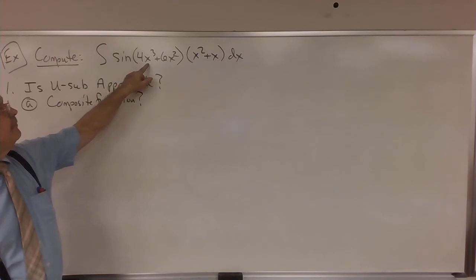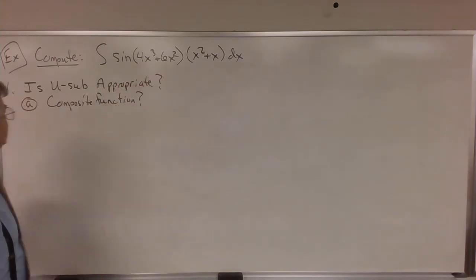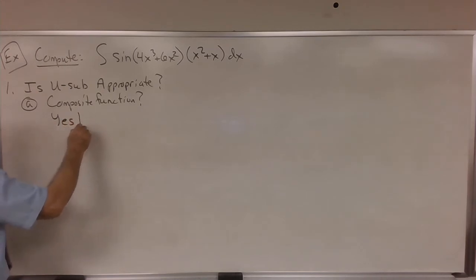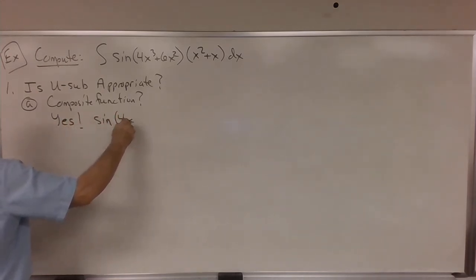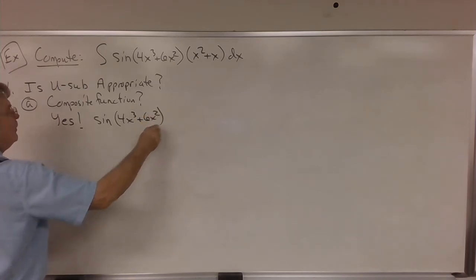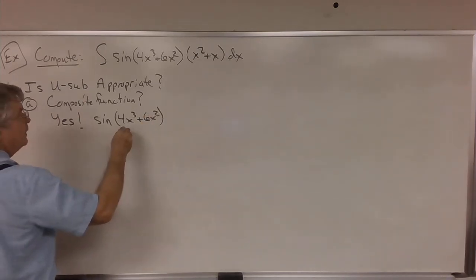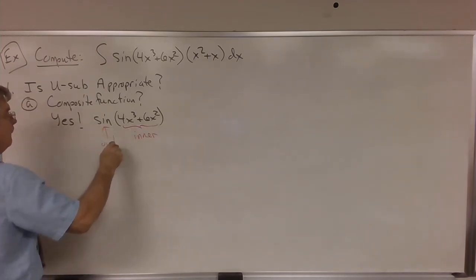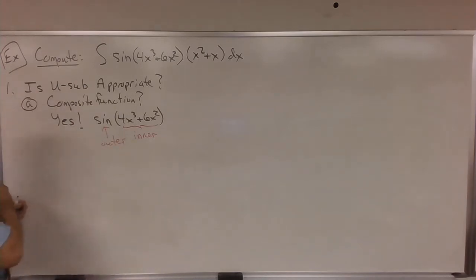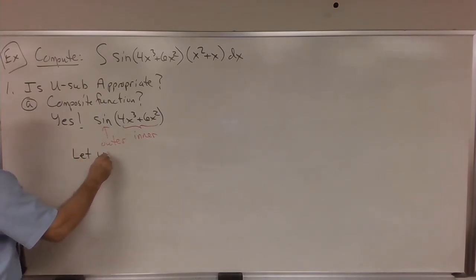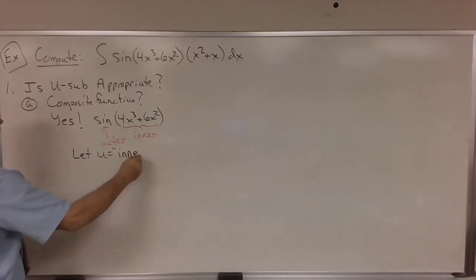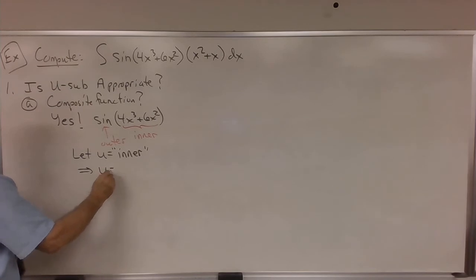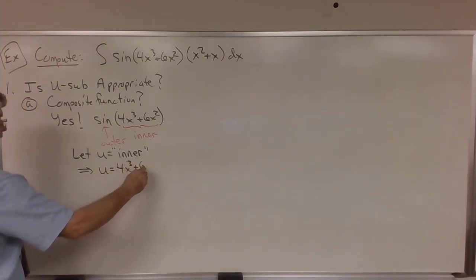Sine is the outer function. 4x cubed plus 6x squared is the inner function. So here's the inner, here's the outer. And what's the rule of thumb for criterion A? Let u equal the inner function, right? So u equals 4x cubed plus 6x squared.